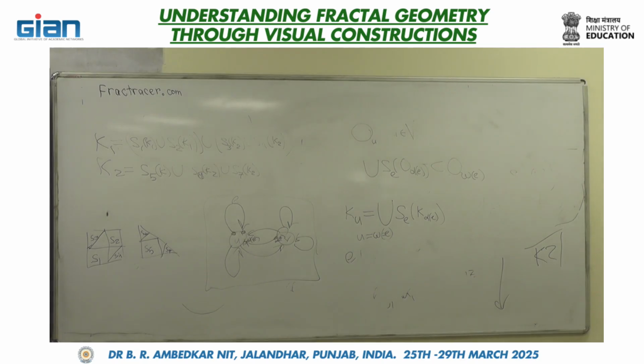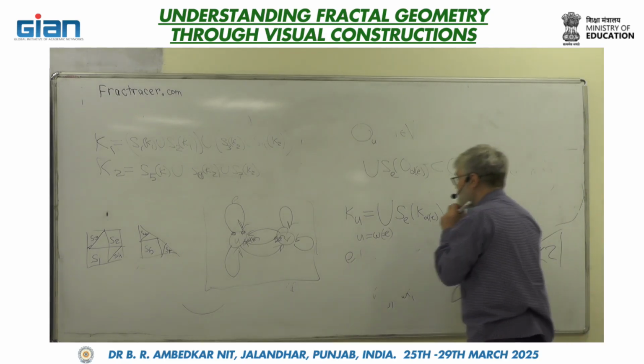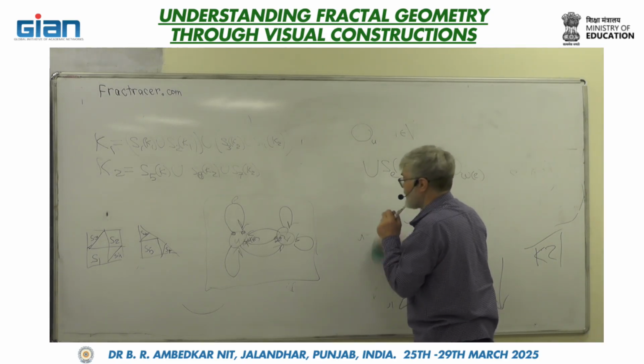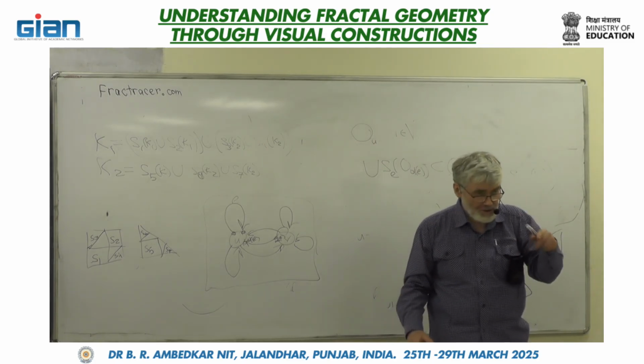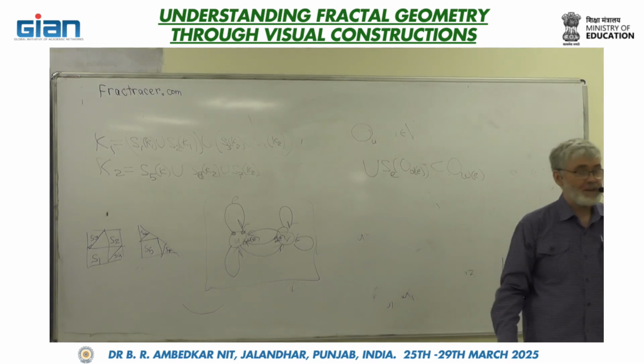One more problem. We need to define the similarity dimension for a graph-directed system. Yes? And we need to define a good graph-directed system. So the graph-directed system must be strongly connected.